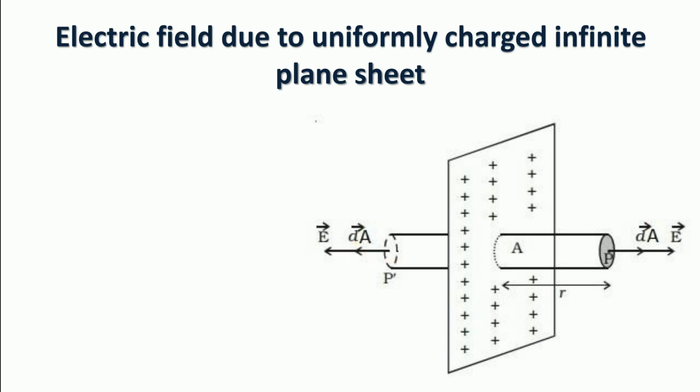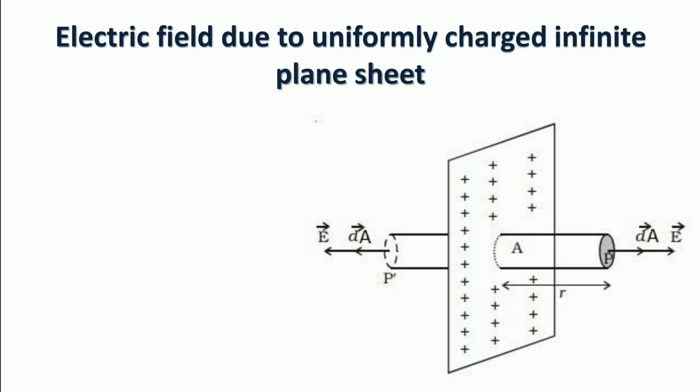But if we take this surface, the area vector for it will be perpendicular to the electric field, and we will ignore this. Why do we ignore? Because the angle becomes 90 for this surface. That's why we ignore this. We take only this surface and this surface. So there are two surfaces, so the electric flux will be doubled.